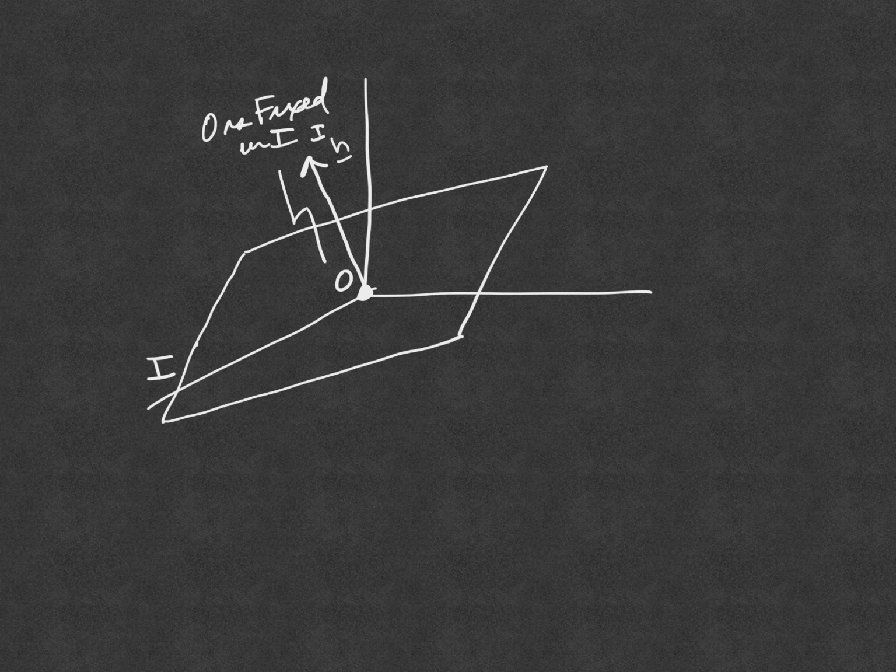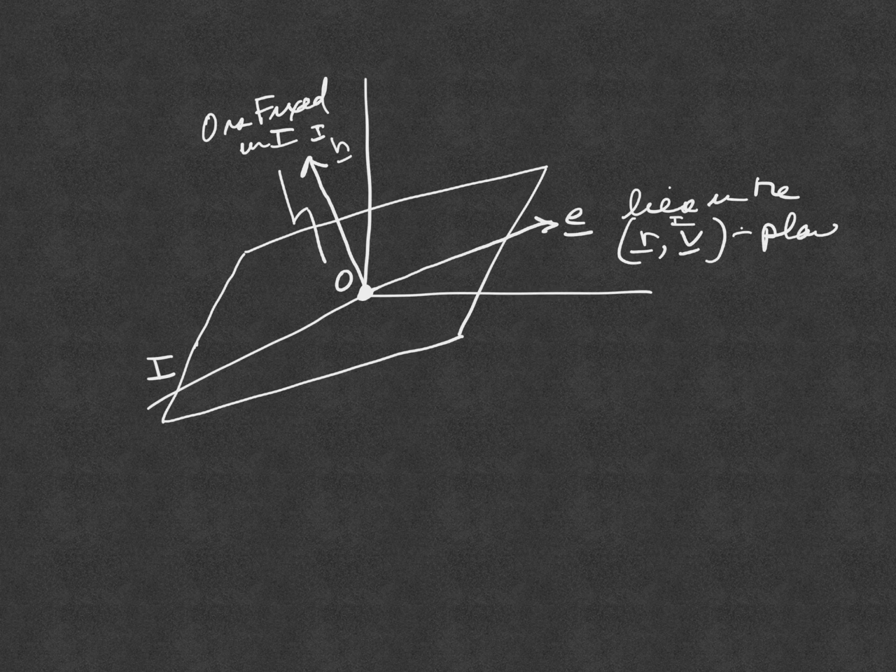And then we have a vector E. And E lies in the R VI plane, and H lies orthogonal to that plane.